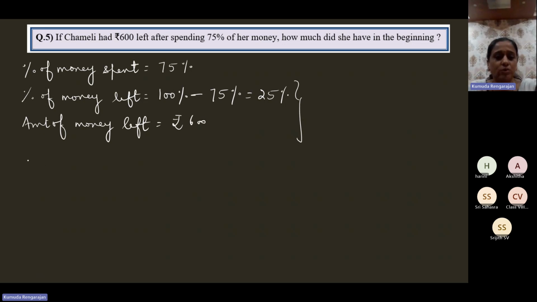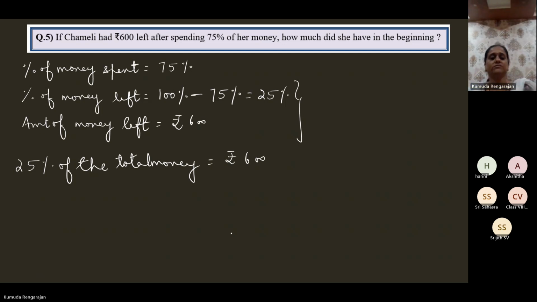So how do you construct the equation? 25% of the total money is equal to rupees 600. Always the percentage should be on the total money.